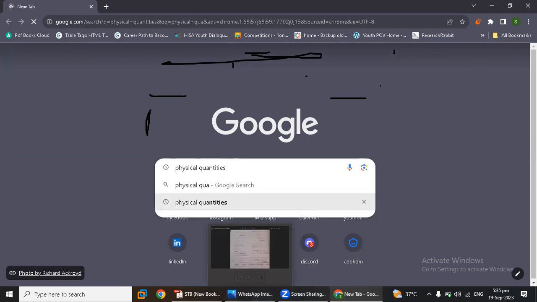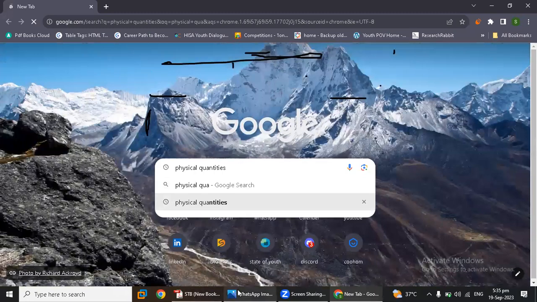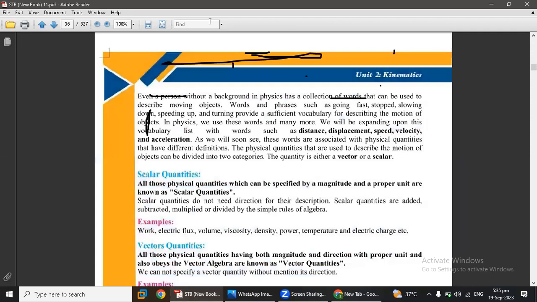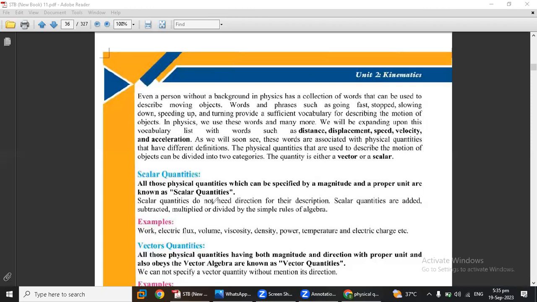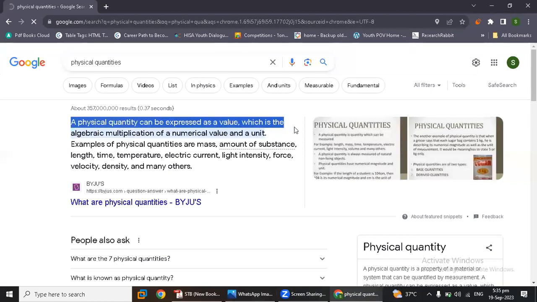In this video lecture, in kinematics, or in physics, you can say, we are concerned with physical quantities. Physical quantities, as the name suggests, are used in the physical world. A physical quantity can be expressed as a value, which is the algebraic multiplication of a numerical value and a unit.